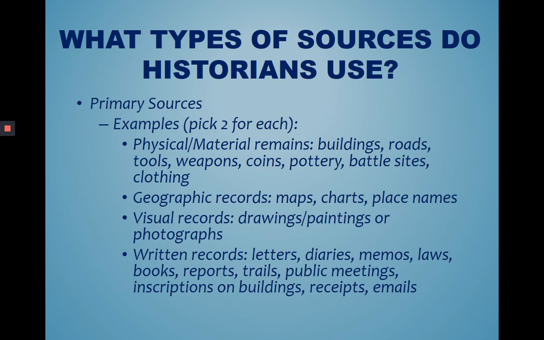Or they can be written records: letters, diaries, memos, laws, books, reports, trials, public meetings, inscriptions on buildings, receipts, and emails. And again, just pick two from each of these categories for your notes.